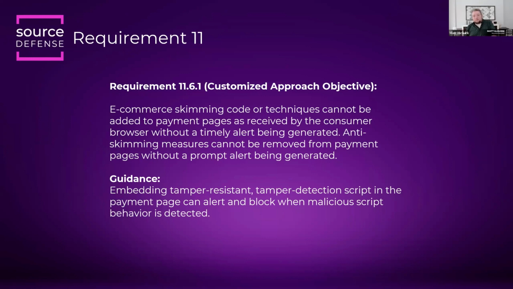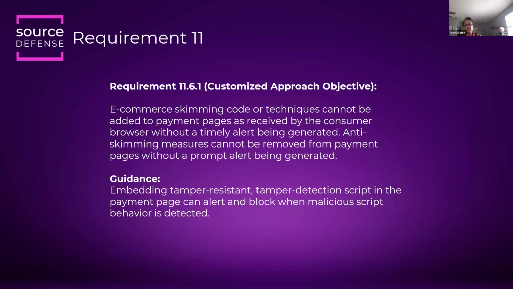Excellent. And then the complementary requirement that we see is 11.6.1. Ruth, I'll let you expand on this, but I see this one as tamper proofing, more or less, meaning that 6.4 requires these controls, and we also need a way to make sure those controls don't get tampered with, right? Right, absolutely. So 6.4.3 says we need to have it authorized, approved, and you have to have a means of maintaining the integrity of that mechanism. 11.6.1 is the means by which you would assure that integrity, by making sure that if something is tampered with or substituted or changed in some way, you know about it.